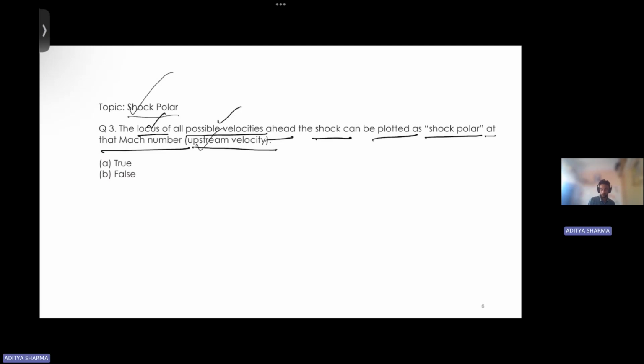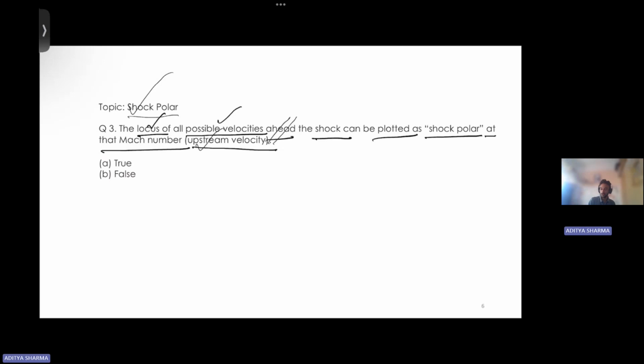When we draw this shock polar for the velocities, it's behind that oblique shock, right?